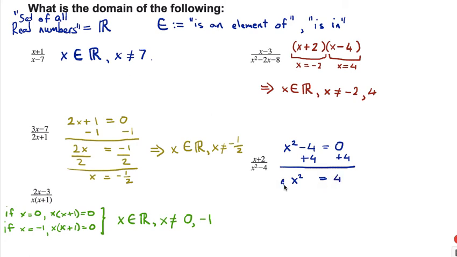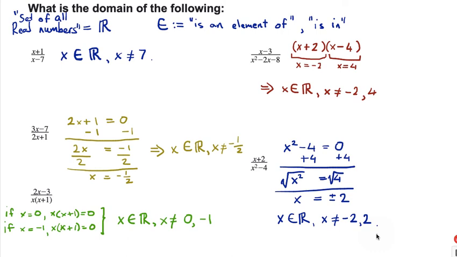And so we're required to take the square root of both sides to get x, and that gives us x equals plus or minus 2. We can then say that this rational expression is defined for all x in the set of all real numbers, provided that x is not equal to -2 or +2. And that's what we're looking at here.